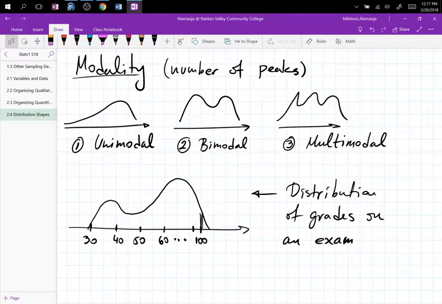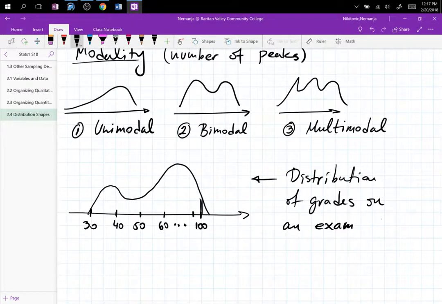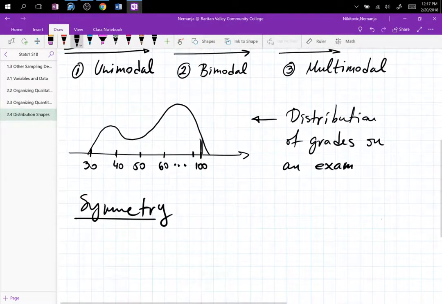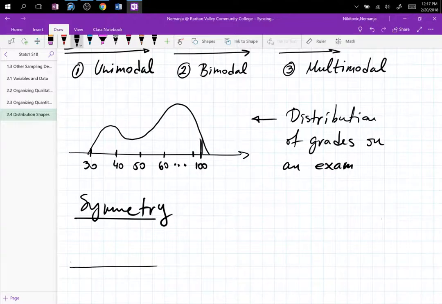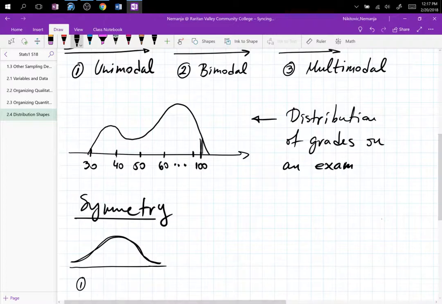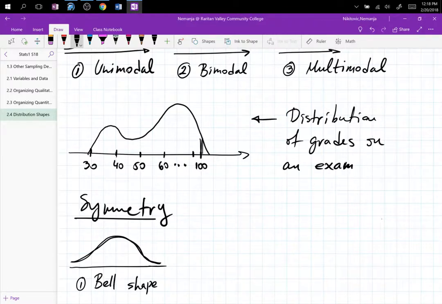Now, we also have the symmetry. And this is where the bell-shaped curve is. This is a unimodal. And this is normal distribution. We'll talk about this later. So this is the bell shape. And then there's also this triangular one.